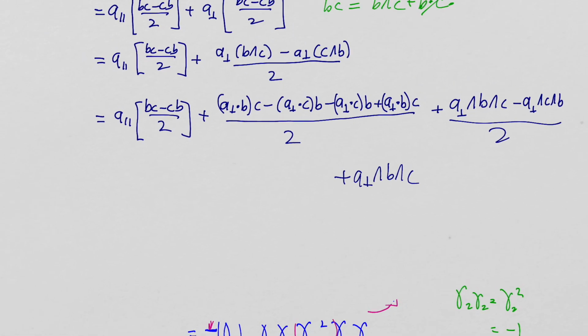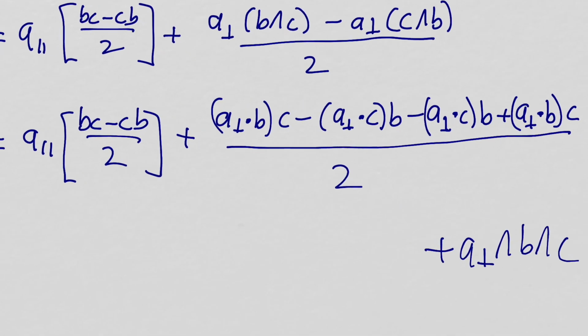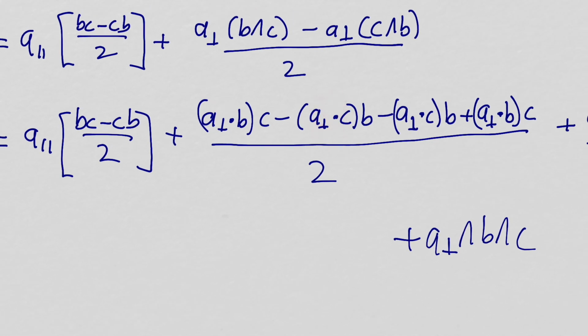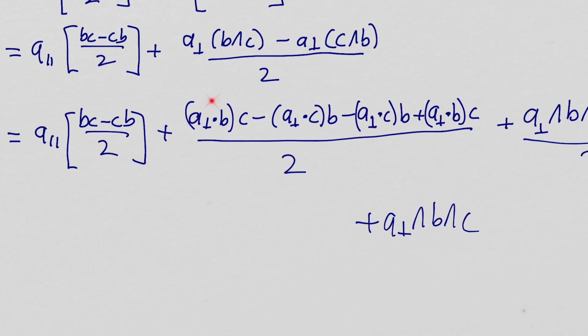This stuff here is all 0, because A perp is the rejection off the BC plane. By definition, it has no projection in the B direction. If it did, it wouldn't be the rejection from the plane. So likewise, it has no projection on the C direction either. So every one of these dot products is 0.